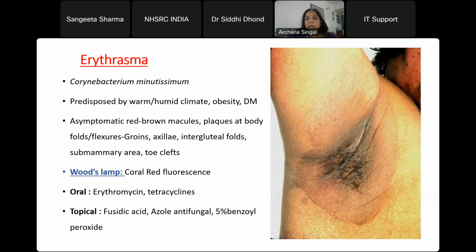As you can see, regular margins, macerated lesions, and Corynebacteria are very difficult to grow because they are lipophilic. In tinea cruris, you can do scraping for fungus and see under the microscope, it will show hyphae, but Corynebacteria infection will not show hyphae. And this responds to antibiotic, while tinea will respond to antifungal. Next.